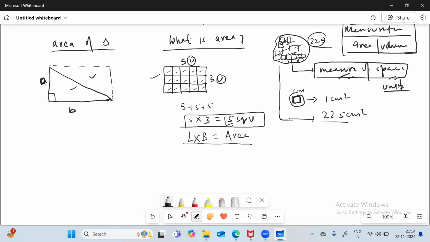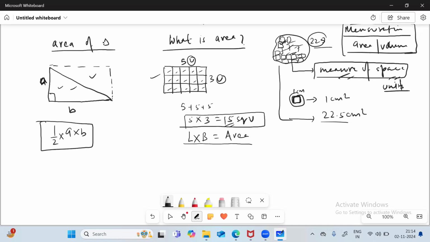The area of the rectangle we all know is A into B. Since this right angle triangle is half of the rectangle, the area of this triangle is half of A into B.